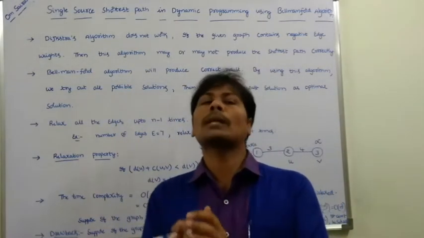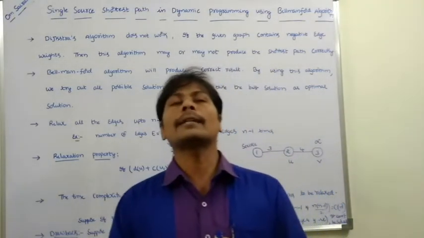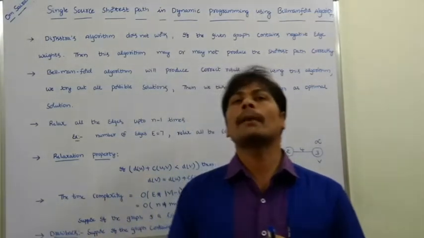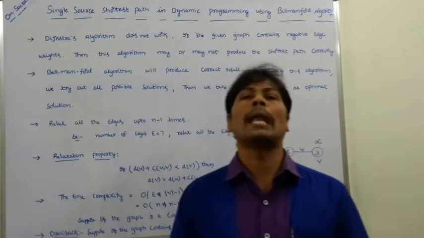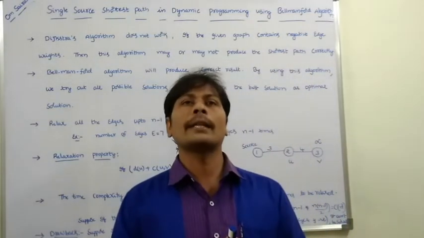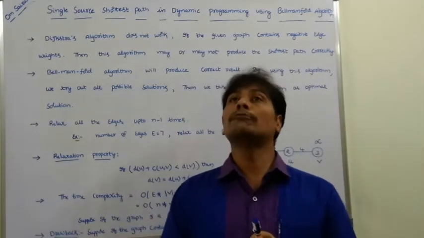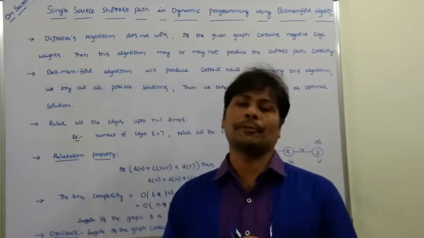To overcome this disadvantage, we use another algorithm in dynamic programming, called the Bellman-Ford algorithm. The Bellman-Ford algorithm will work if the graph contains negative edge weights.